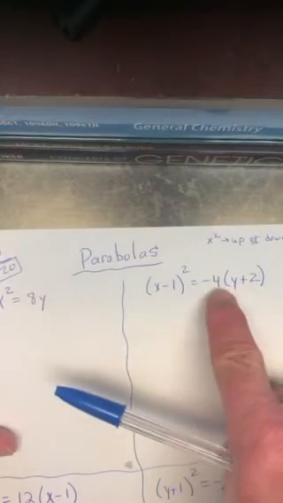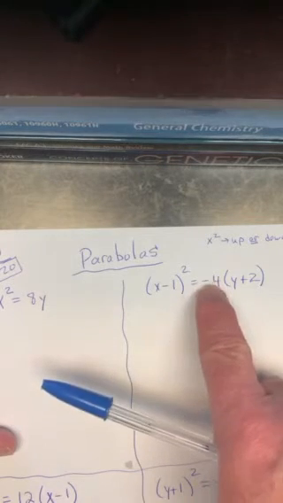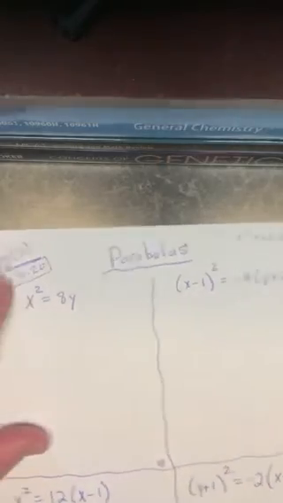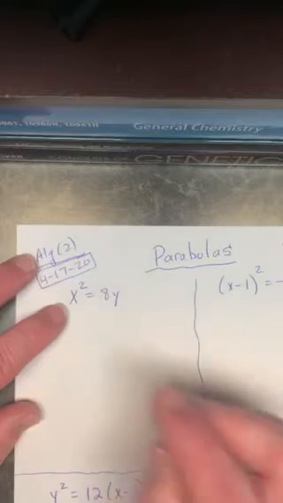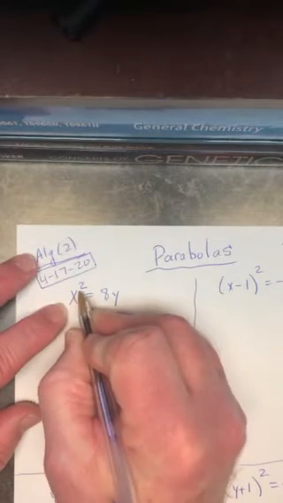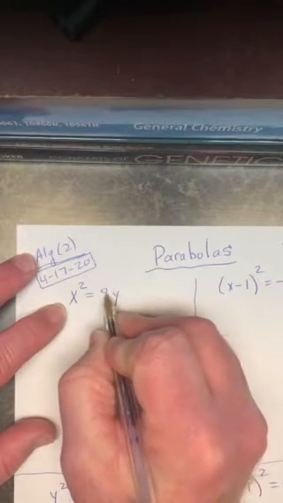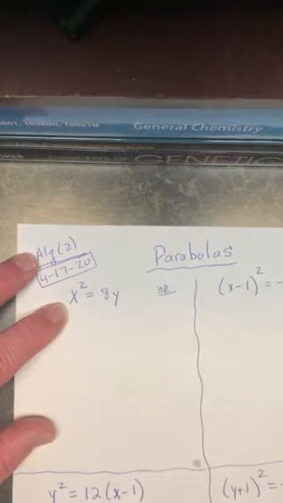And if the other number is a negative, like number 2 here, since it's a negative number, it probably points down. So your first job is to figure out which direction your parabola is pointing. So here we go. The x is squared. That tells me it's either up or down. The 8 is a positive number, so everybody write the word up off to the side.